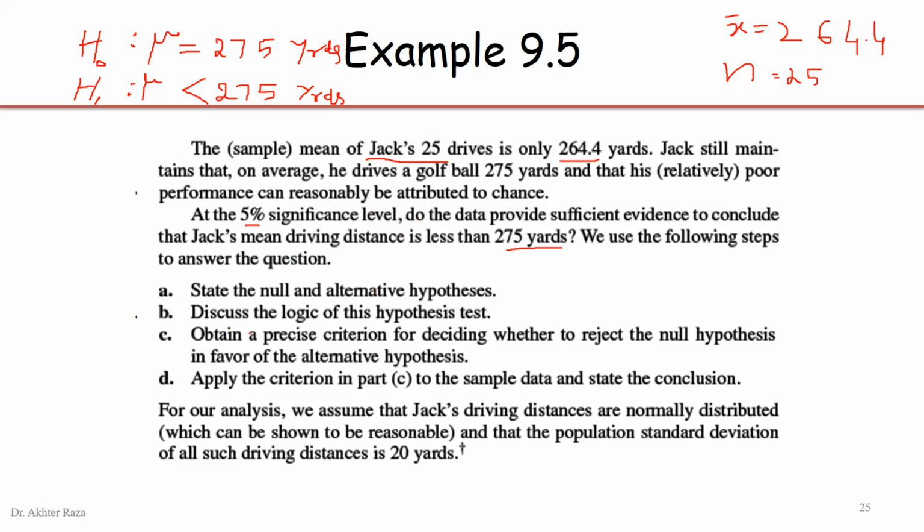But here the logic of the test is what? Whatever the test we will use, we will use a left-sided version, because in the alternate hypothesis we have a less than sign. If the value of the test statistics is below this number, the data provides sufficient evidence in support of H1, not H naught.